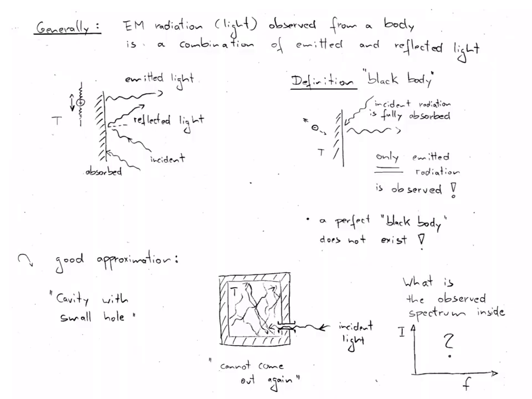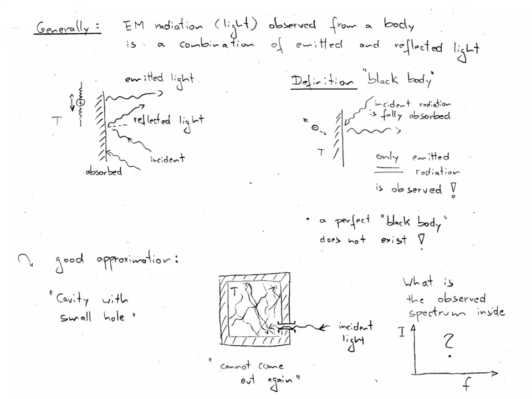Generally, the electromagnetic radiation, the light observed from a body, is a combination of light emitted by that body and light that is reflected at that body. By definition, in this case, we want to consider a black wall, a black body wall, where reflected light is neglected. In other words, all the light that is incident is absorbed, and light that is coming from the surface, from the black body, is emitted.